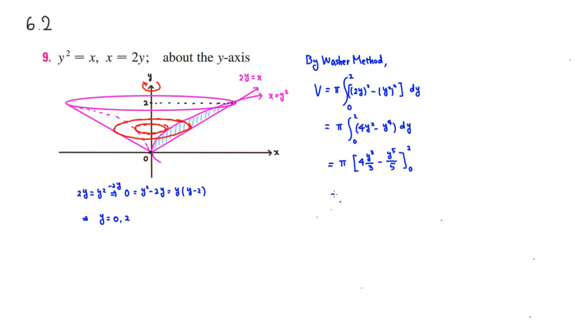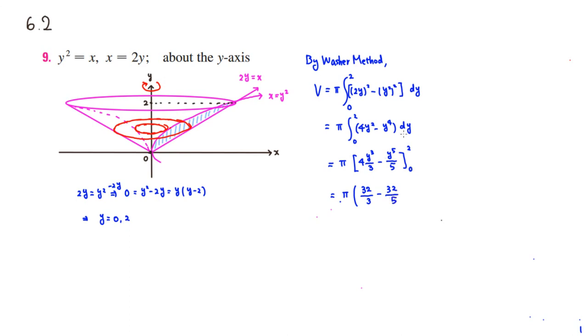So this is going to be pi times the following. If you plug in 2, 2 cubed is 8, and 4 times 8 is 32, so 32 over 3, minus, plugging in 2 here, 2 to the 5th is 32, so 32 over 5.